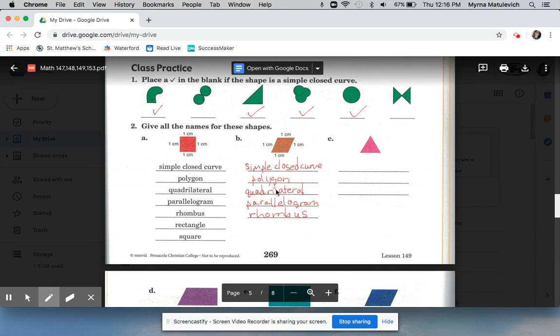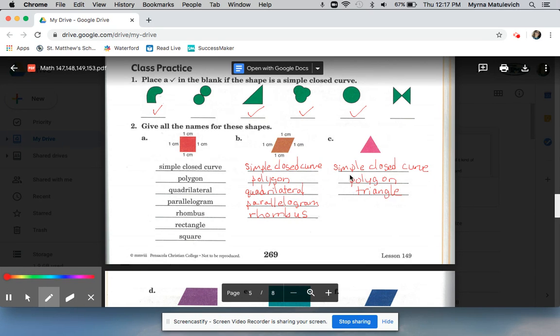It's also a quadrilateral because it has 4 sides. It's not 3-sided. It's a parallelogram, I see, because these are parallel and these are parallel, which I know you shouldn't assume that, but we know that looking at it. But normally in geometry, you can't just go by looks. It's also a rhombus because all 4 sides are the same length, but it's not a square because you don't have 4 right angles. So let's try to do the next one, which looks easy for you.